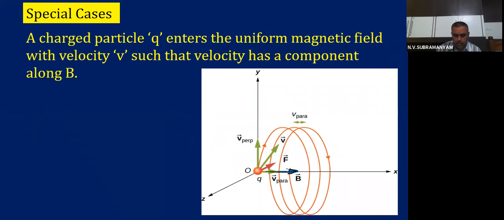And this is the direction in which the particle is entering the magnetic field, making an angle theta.